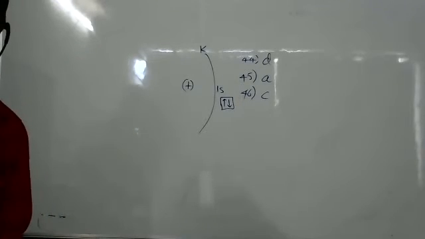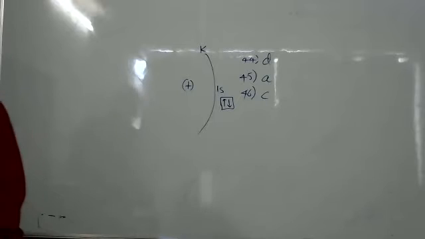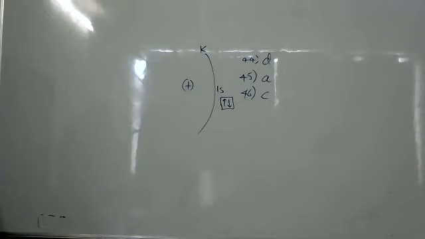Next question to Asmi. The number of spherical nodes in 3p orbital is 0, 1, 2, or 3. This is question 47, right? The number of spherical nodes in 3p orbital is how many?